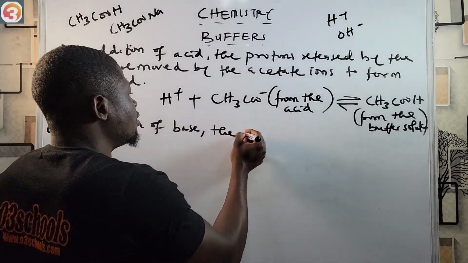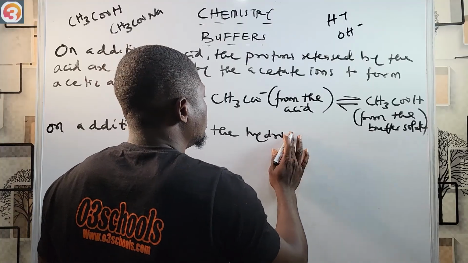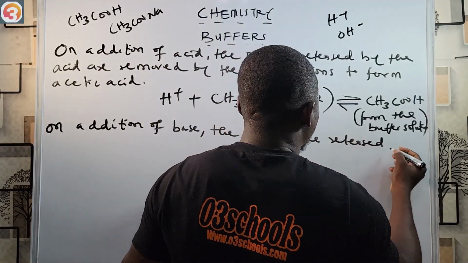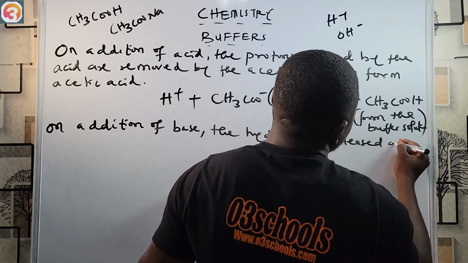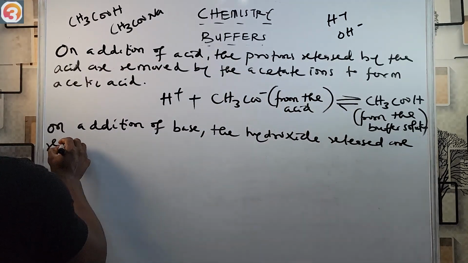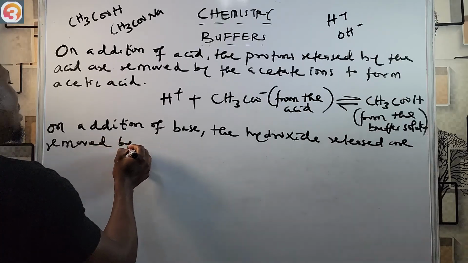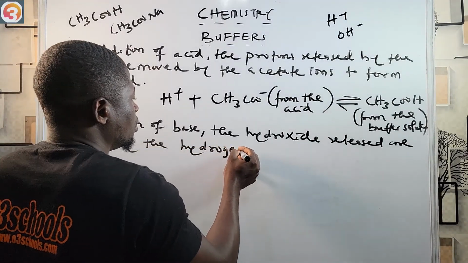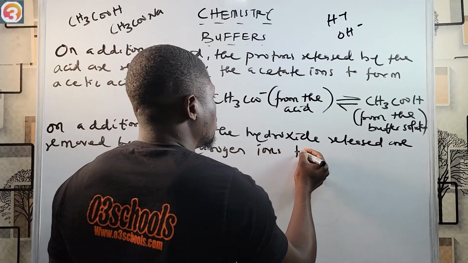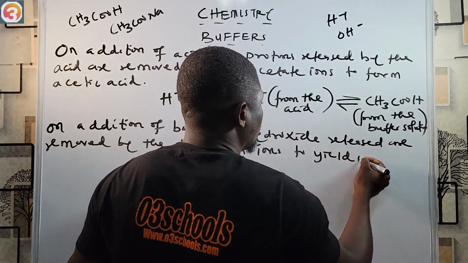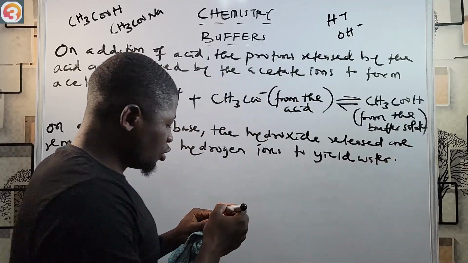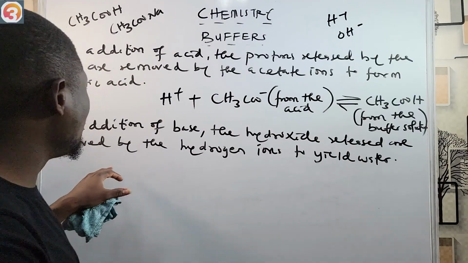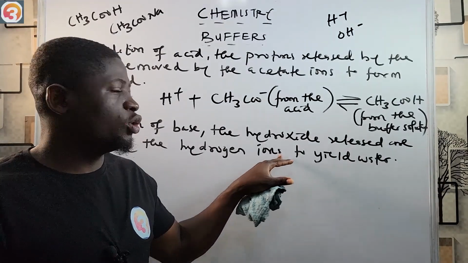Now, on addition of base, the hydroxide released by the base is removed by the hydrogen ions to yield water. On the other hand, the hydroxide ions released are removed by the hydrogen ions to form water.